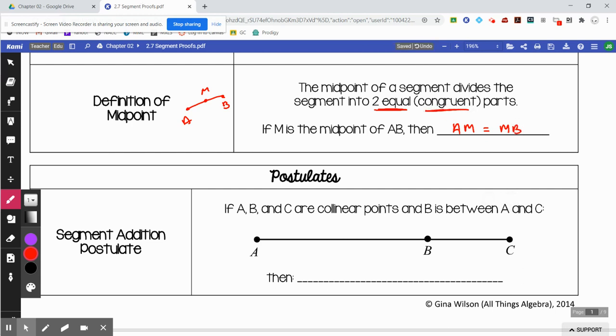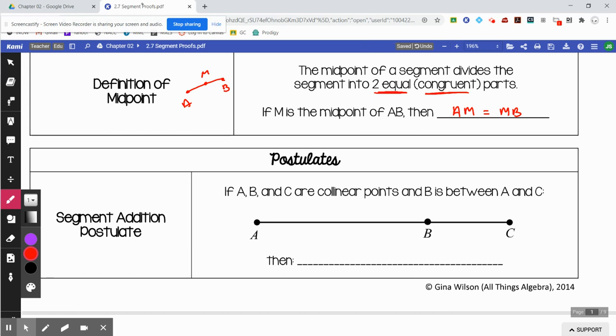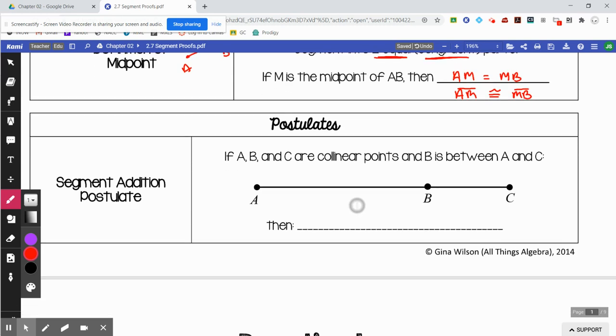Or since we throw in congruent here, we could also say that AM, by the same definition, is congruent to MB. You can word that either way, and that's going to be very important to us down the road.